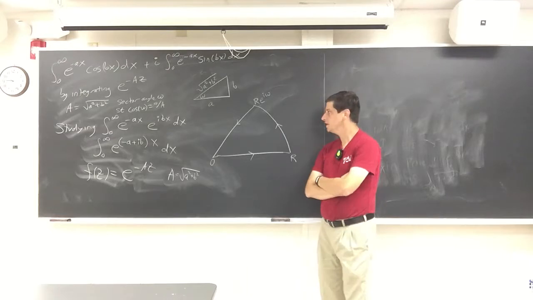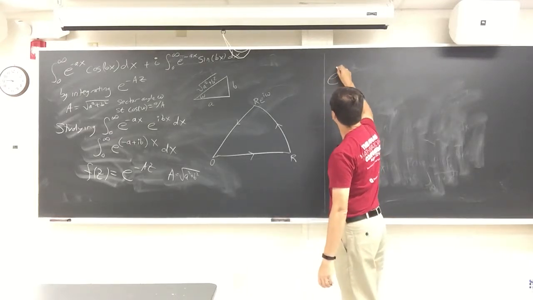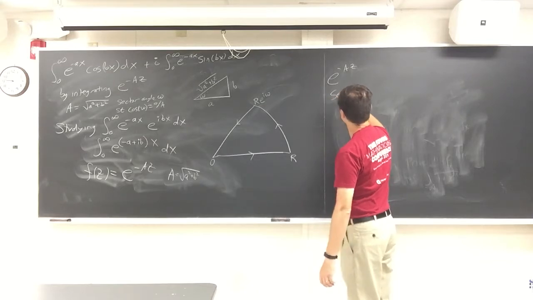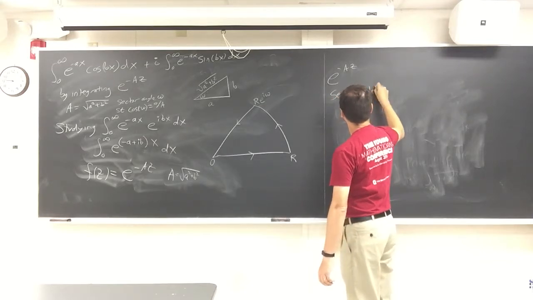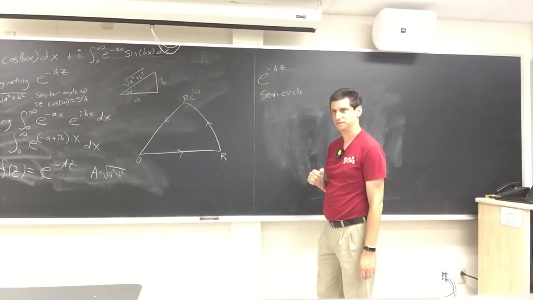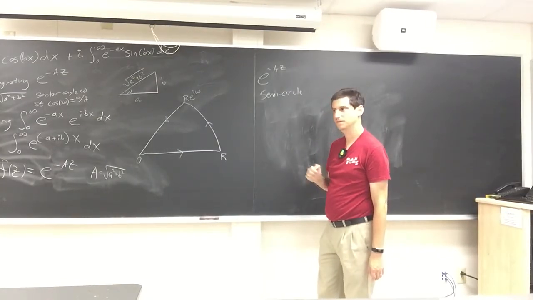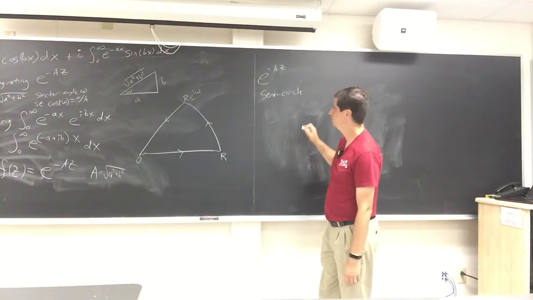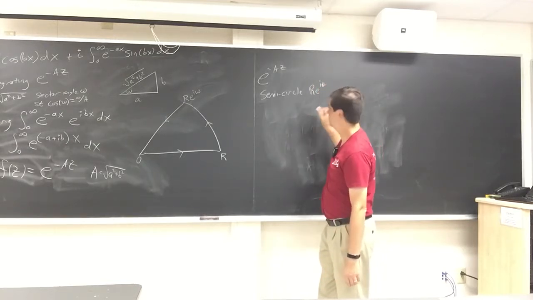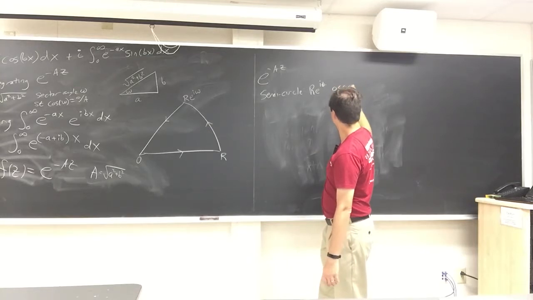So one possibility is that, but let's look at e to the minus Az. And on the semicircle, how can we write z? R e to the i theta. Yeah, with 0 less than or equal to theta less than or equal to omega.